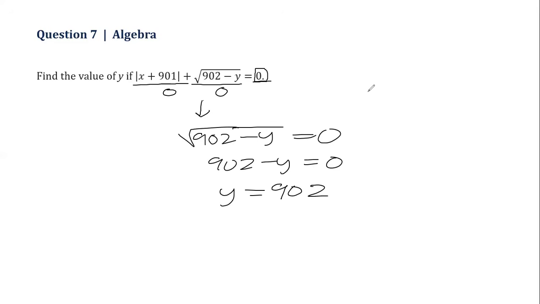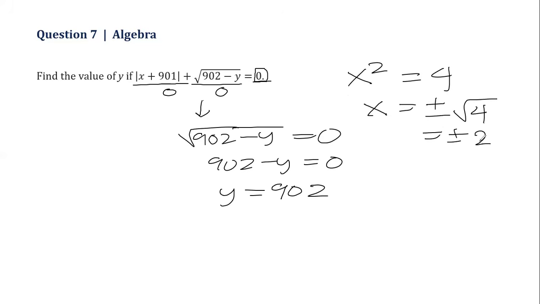Let's say you have x squared equals 4. So yes, x would be plus minus square root of 4, or simply plus minus 2. However, if we're talking about the square root of 4, this should only be 2.